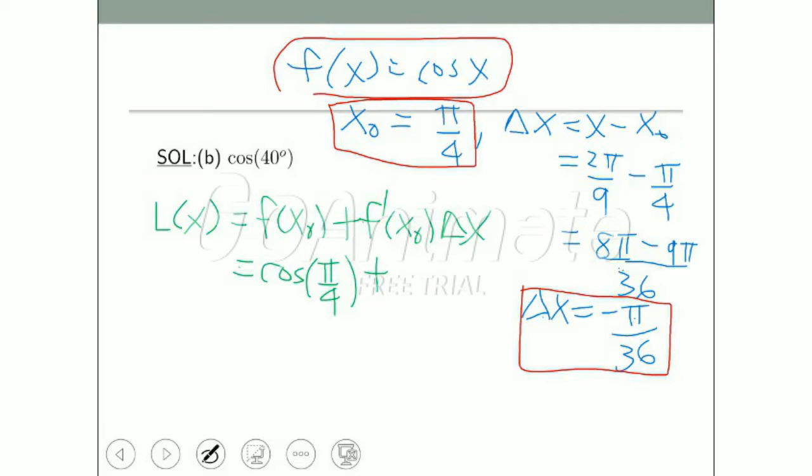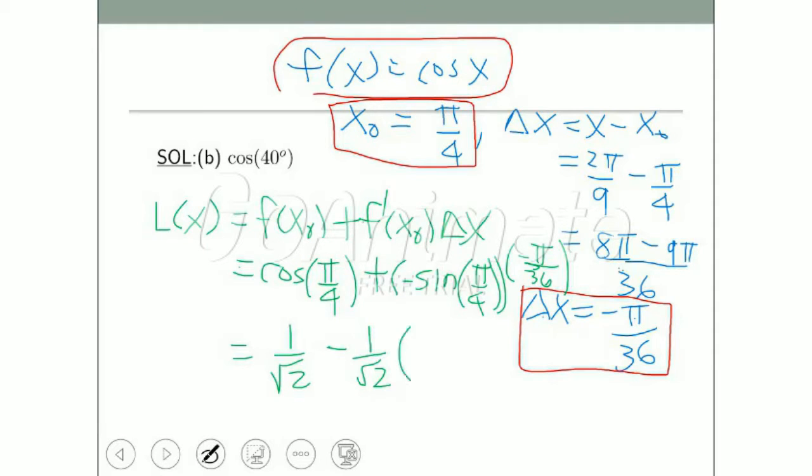plus, so the derivative of cos is minus sine, right? We don't need to do a separate calculation. Add x now, which is pi over 4, times change in x, which is minus pi over 36. Okay, so cos of pi over 4 is 1 over root 2. Minus sine of pi over 4 is minus 1 over root 2, times minus pi over 36.